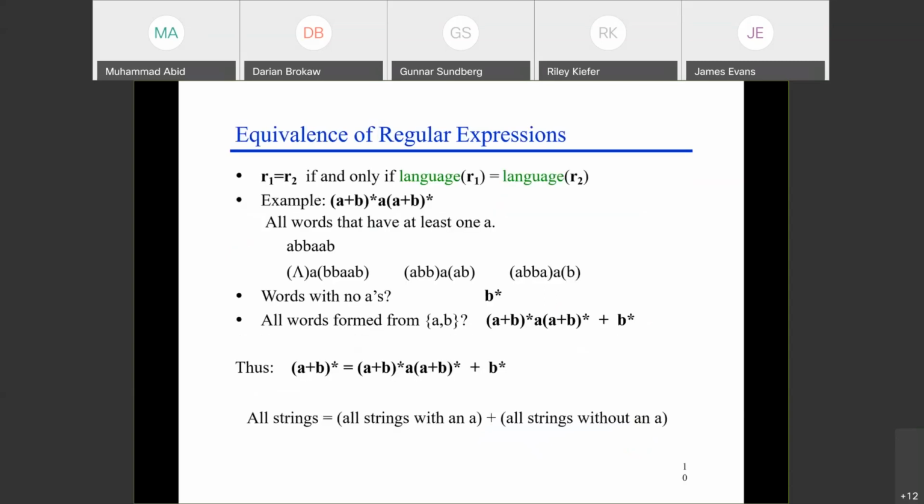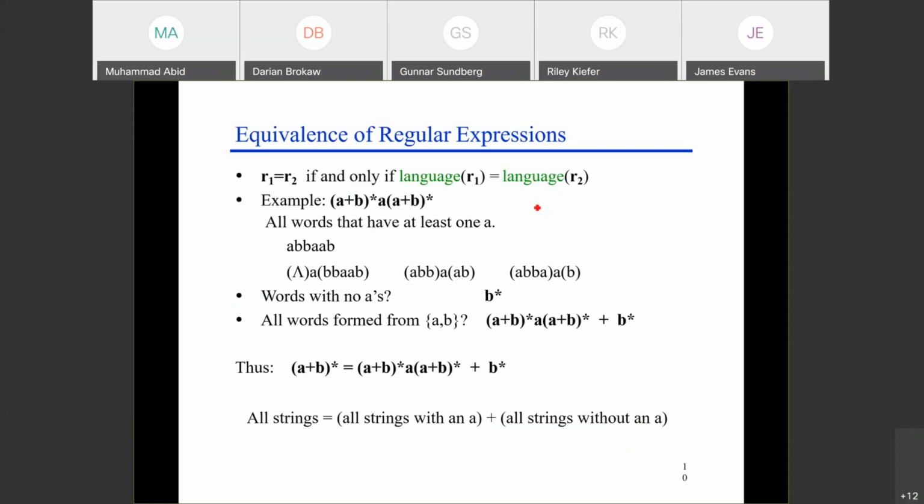And then we are talking about equivalence of regular expressions. Two regular expressions are equivalent, R1 equals R2, if and only if they represent the same language. It is possible that two regular expressions look different, but they both define the same regular language. Let's see this.